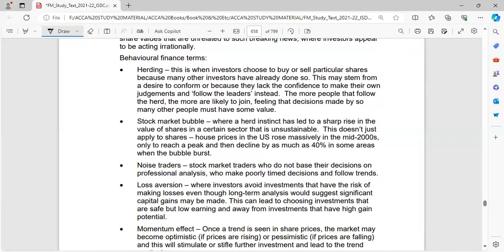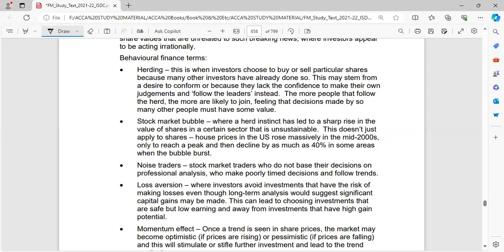First one is called herding. Herding means we choose to buy or sell particular shares because many other investors have already done so. This is called herding. We herd from others. Stock market bubbles: when we are following herding, there will be a significant increase in share prices and the index will rise.